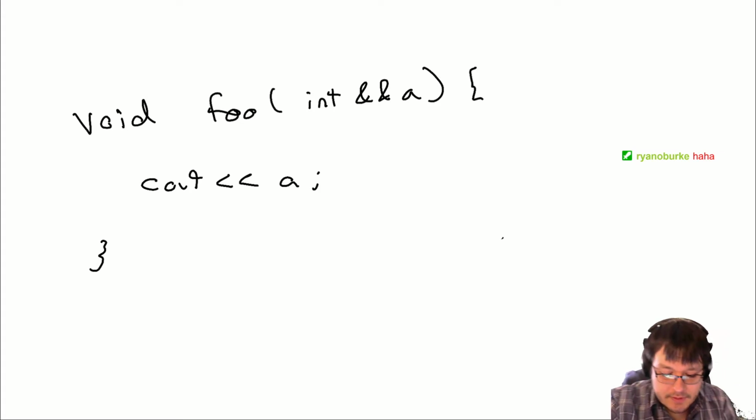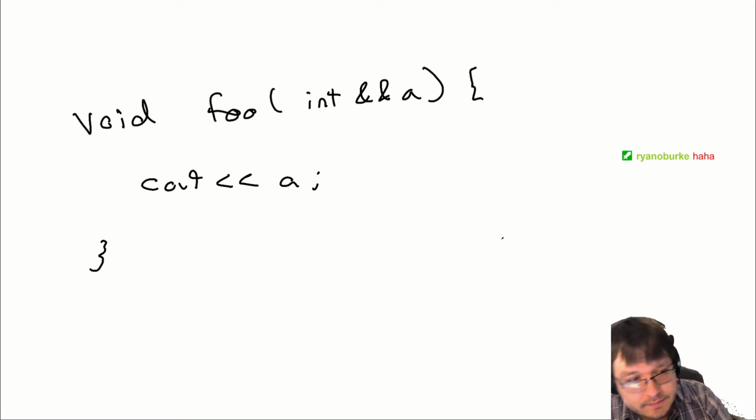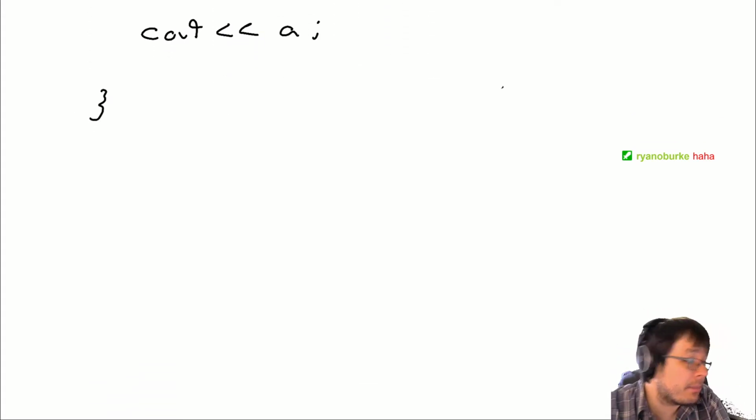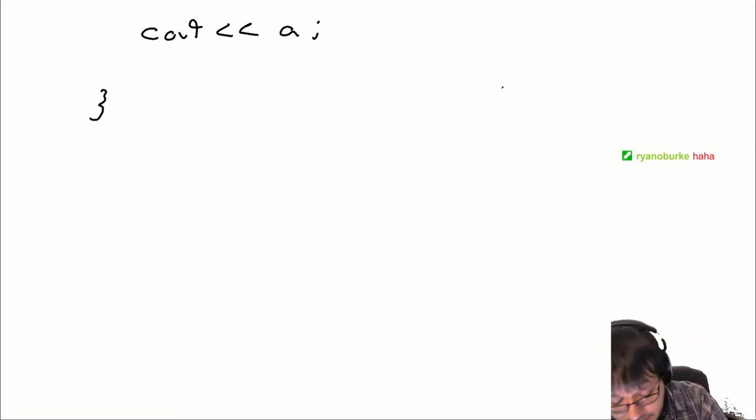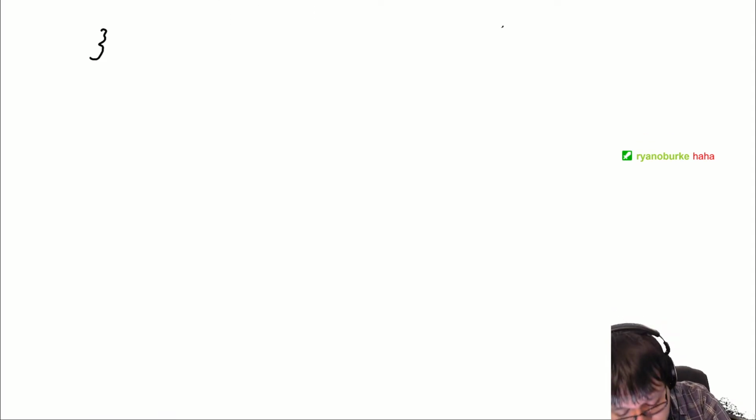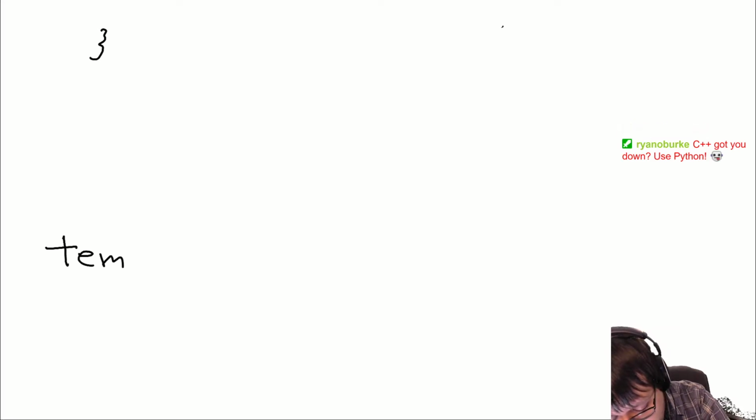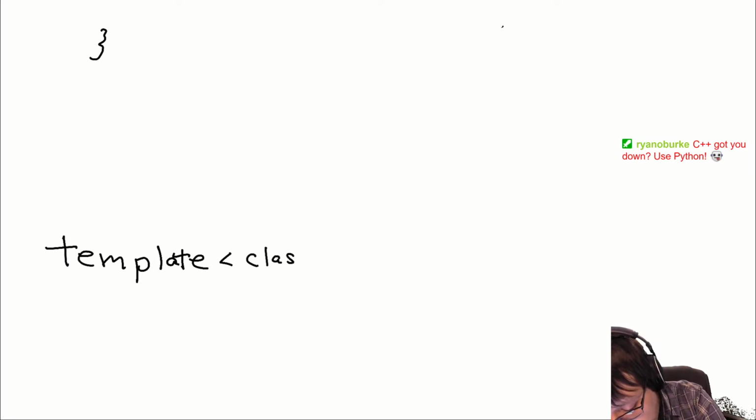So if you got a template function that you're trying to define outside the class, the syntax for it is going to start out with writing template, and then doing your class thing here, or typename, whichever one you're using. I'm going to use class because it's less letters to type. And then put in some variable name there.